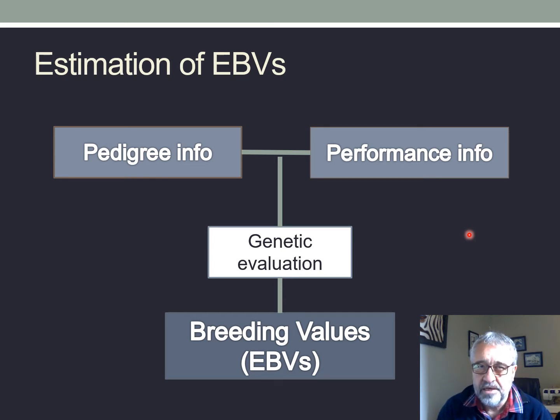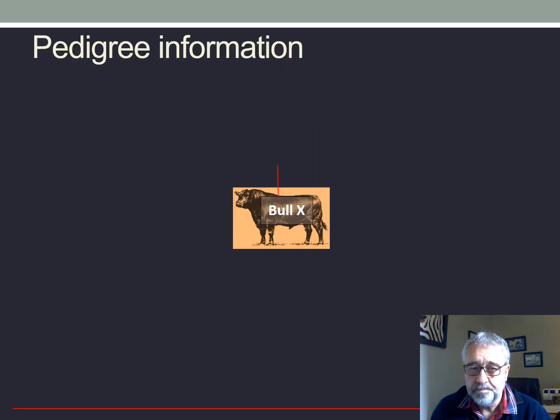It's traits like longevity, maintenance requirements, and feed efficiency. So it's a very broad definition of performance. So that's needed, the performance recording. Recording means no guessing, recording, and the pedigree information. And that goes into a genetic evaluation system, and the outcome would be the breeding values, or the EBVs, for those specific traits for each of those animals.